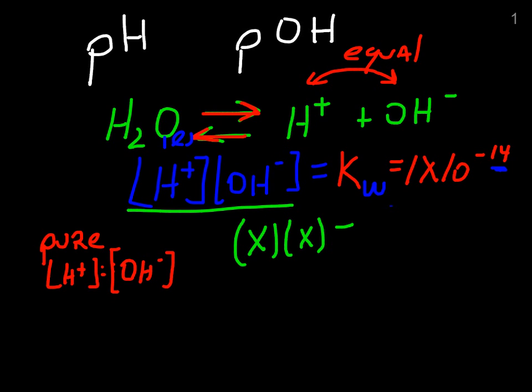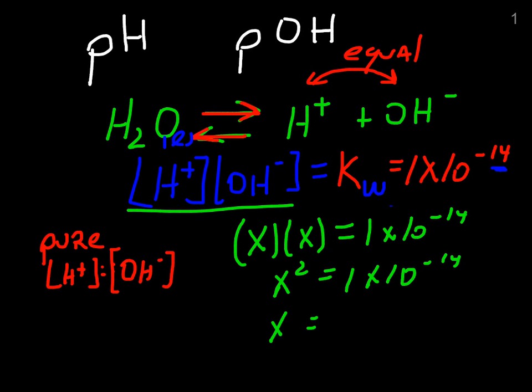X times x is equal to 1 times 10 to the negative 14th. That means x squared is equal to 1 times 10 to the negative 14th, so x is equal to 1 times 10 to the minus 7th molar.